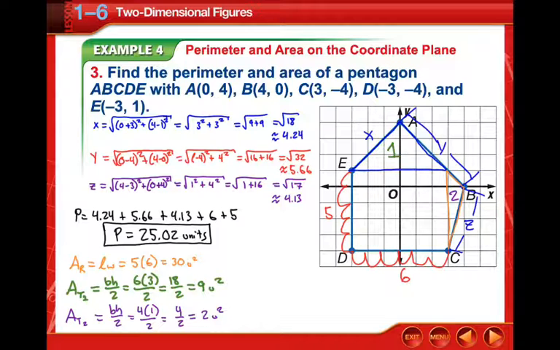And now we just need to add our 3 units of area together. So our area total is 30 plus 9 plus 2, which is 41 square units.